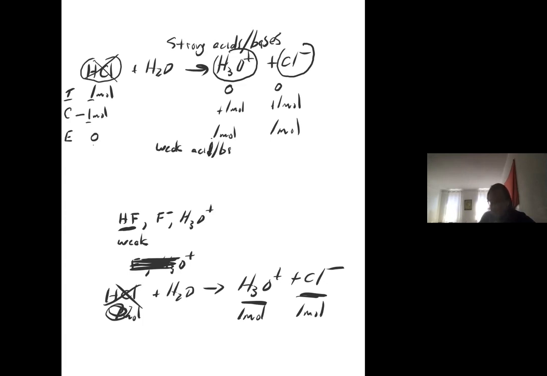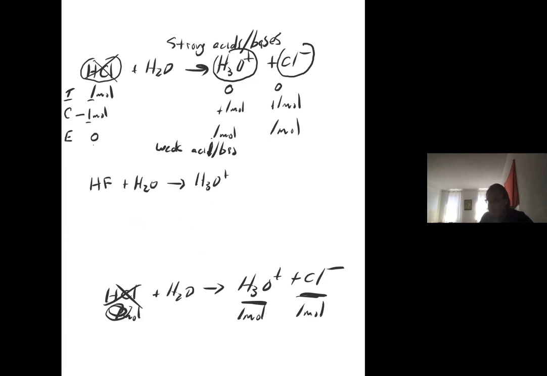But for a weak acid or base, let me erase this. An example would be HF, the one we just did, or the one from the table. It's still an acid, but the way it differs is if you start off with a mole of this and you don't have any of that at the beginning, you only lose a little bit of it, 1%.